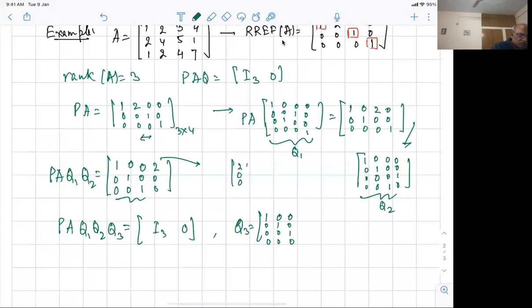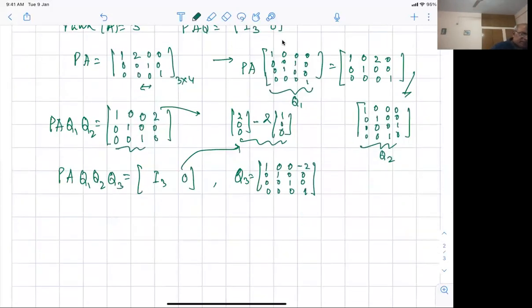So 2, 0, 0 minus 2 times 1, 0, 0. This is what I'm going to do, to get 0, 0, 0 here. Is that okay? So this will give me 0 here. So 2, 0, 0 is the fourth column. I'm not changing the fourth column except subtracting 2 times the first column. So I have to multiply by this. Is that okay? So you just have to understand these calculations to get your results.